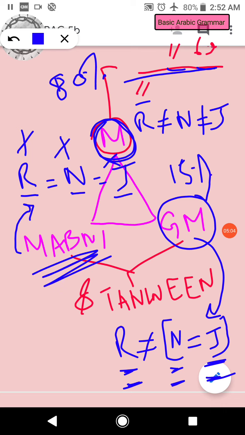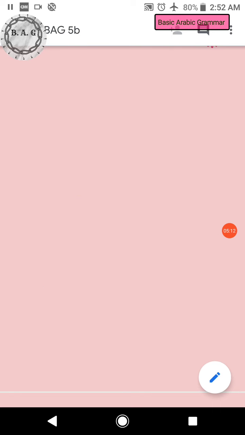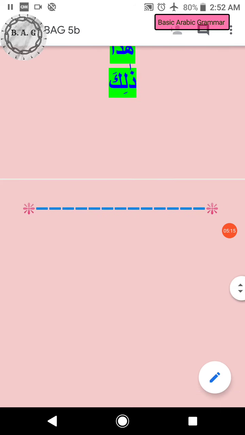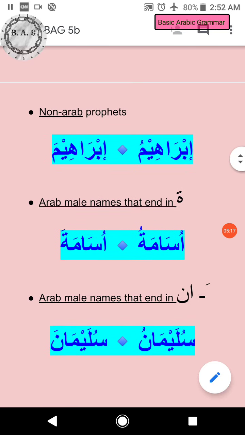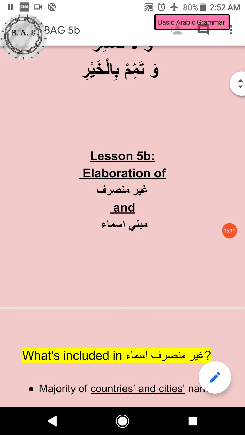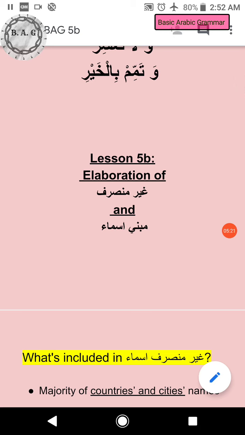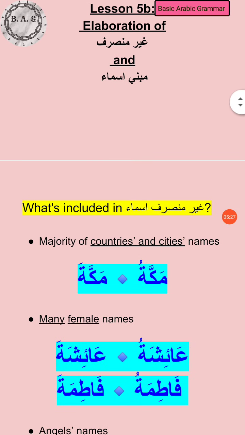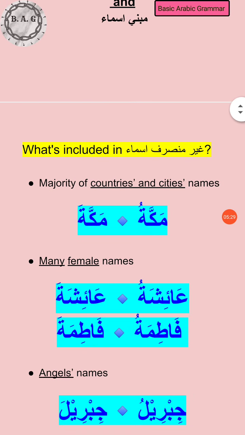So that's also an important point. Our major concern, of course, would be the Munsarif Asma. Now in this chapter we need to cover the subcategories of Ghair Munsarif Asma and the Mabni Asma. So let's get on with it, inshallah.